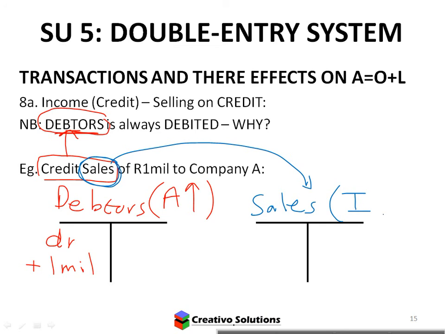If sales is an income, it's going up because I'm selling. So I didn't have a sale. I had 0 sales before. Now I've got 1 million sales. Where do income accounts increase? Credit side. That's why you're going to do this. Debit the debtors, credit the sales with +1 million. Okay?